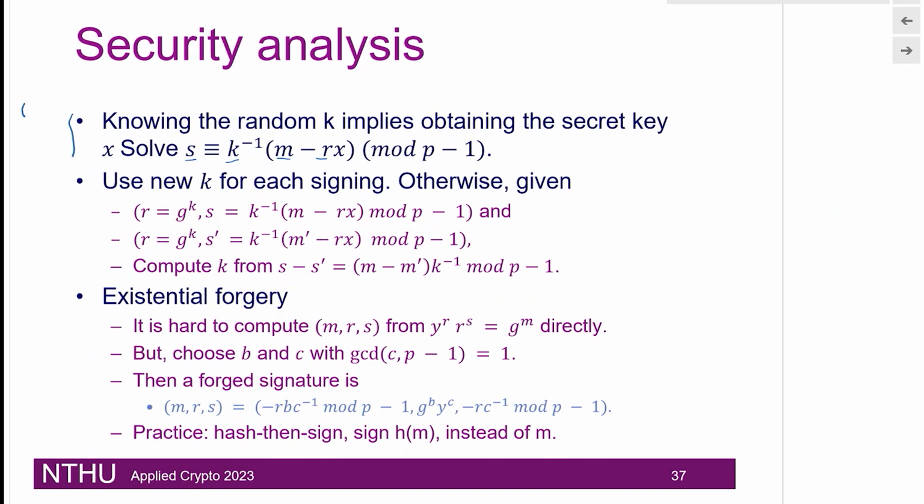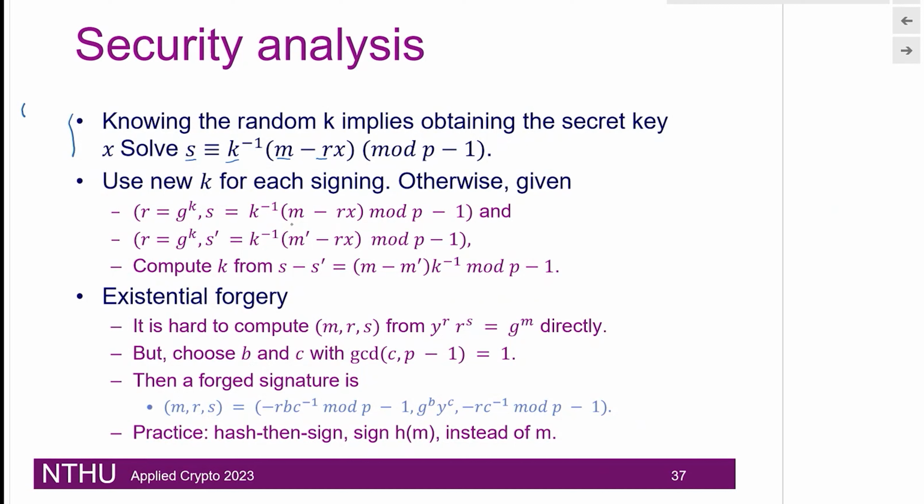So here I have an example. I use the same K that I generate, and you see that the first part would be the same, and only the S would be different, because the messages are different, two messages, M and M prime. I use that same K to sign both of them. So for the first one, we have R equals g to the K, and then S is K minus 1 times (M plus RX).